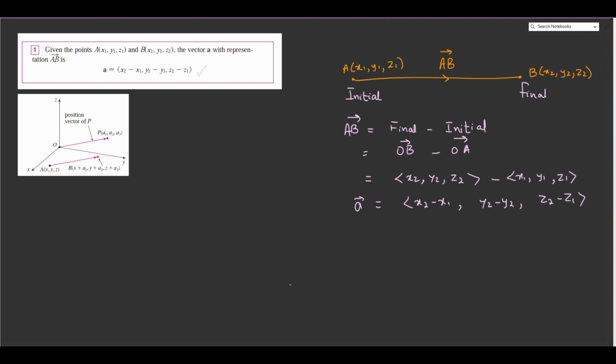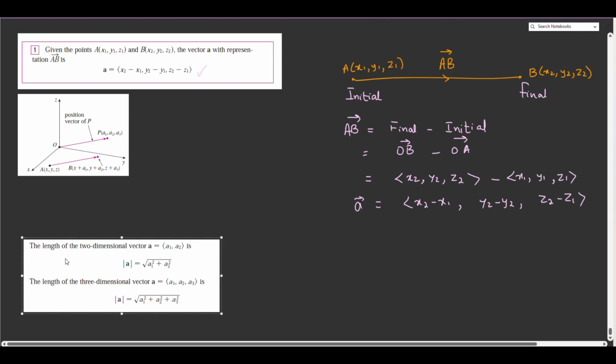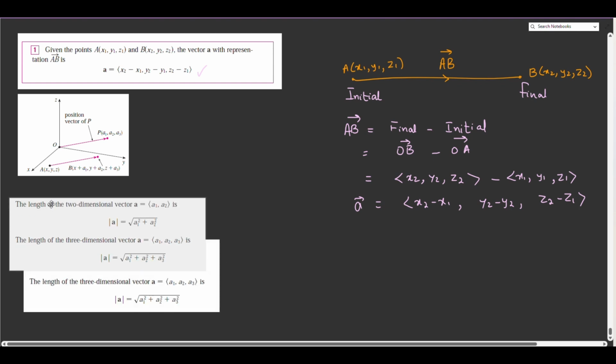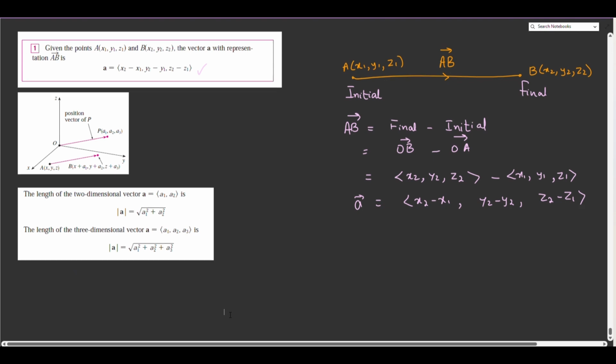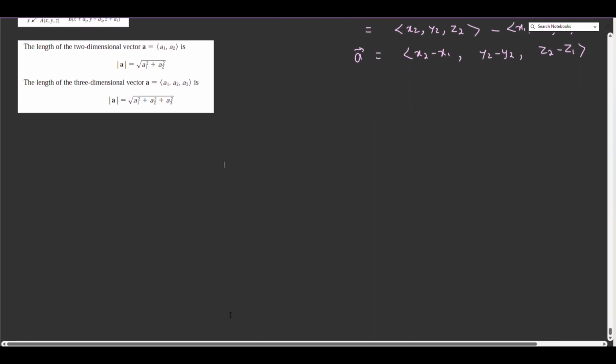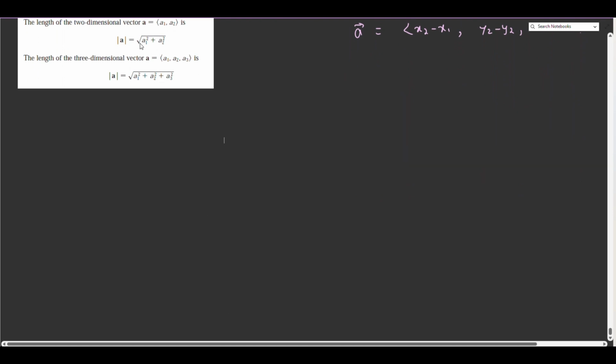The next thing is the following: how can we find the magnitude of the vector? In order to find the magnitude of the vector, we have this formula. In 2D we can find the magnitude of a vector by this formula, which is the square root of a1 squared plus a2 squared.